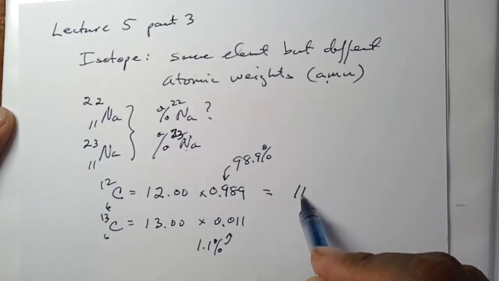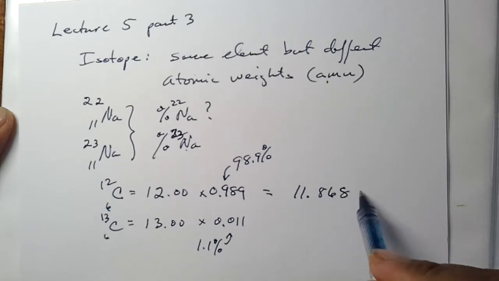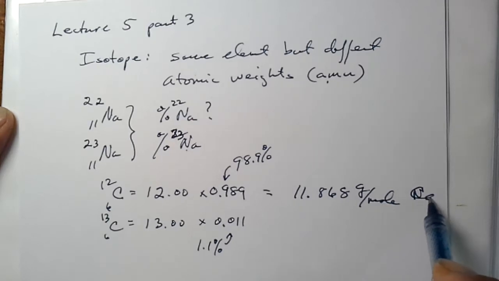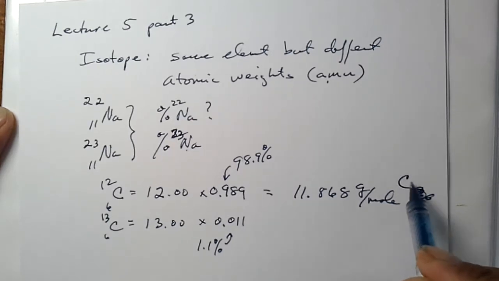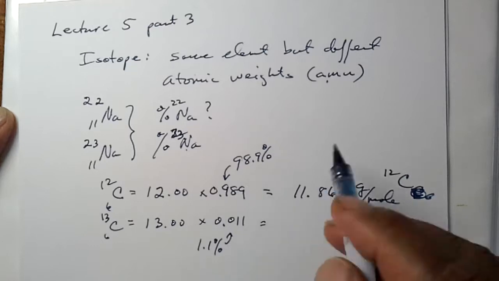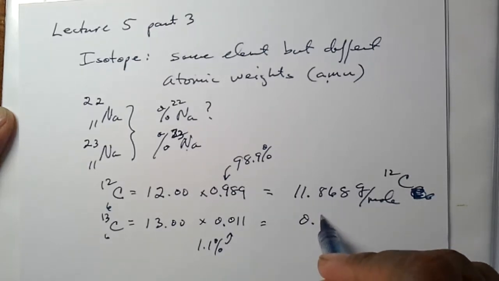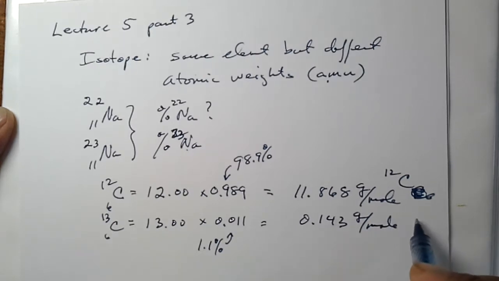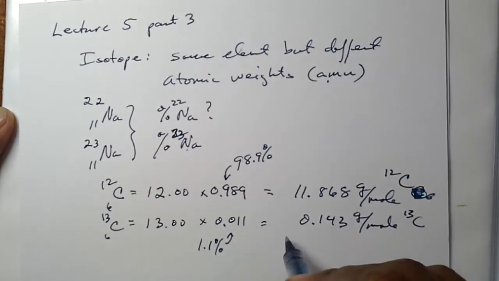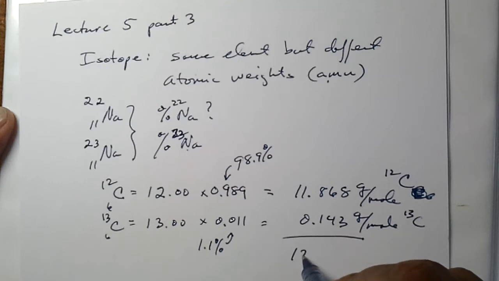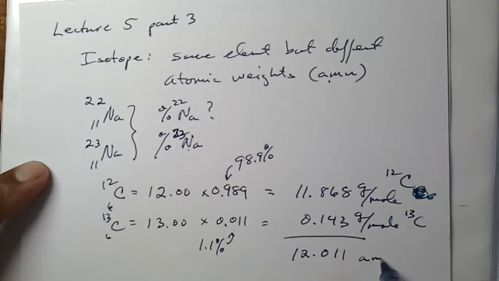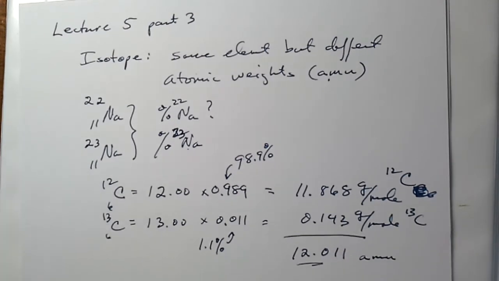We simply would get 11.868 grams per mole of this is carbon 12, and this would be 0.143 grams per mole of the carbon 13. And when they add up, you should get the atomic mass unit that's represented in the periodic table.